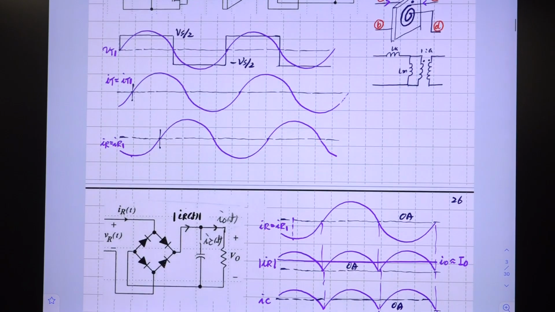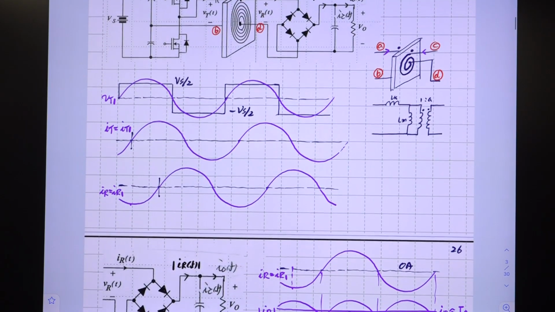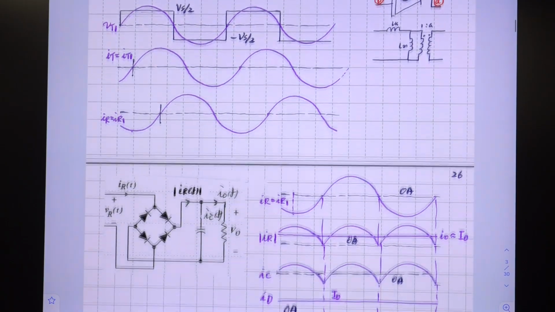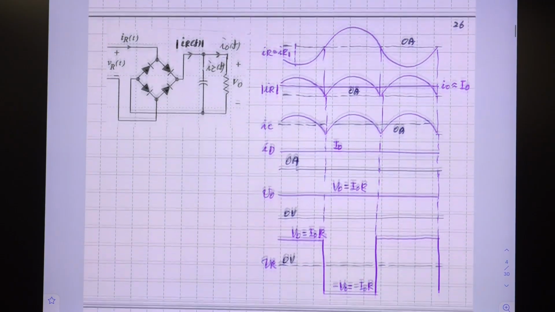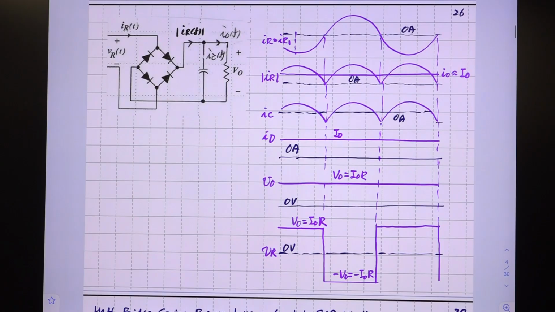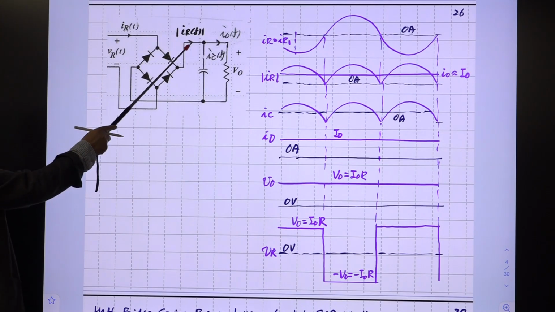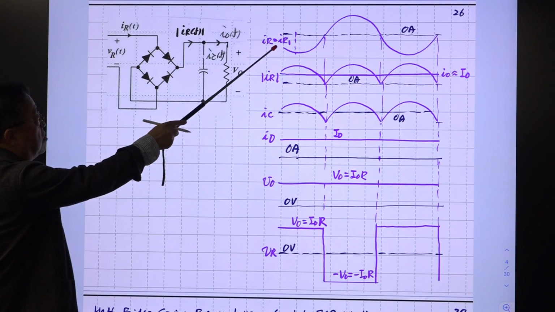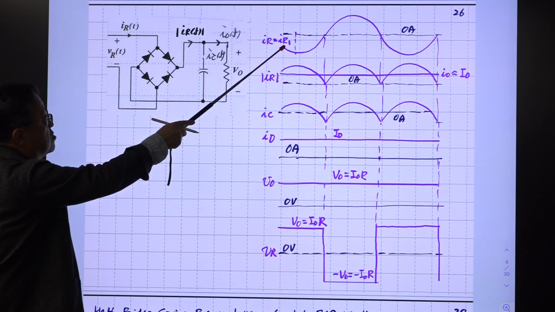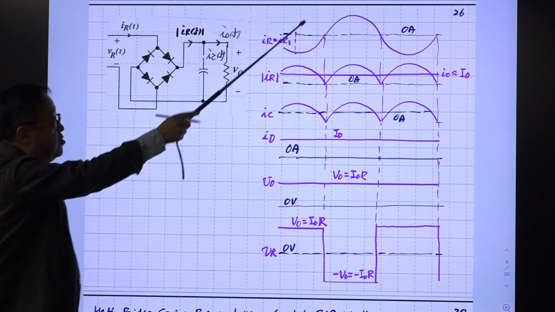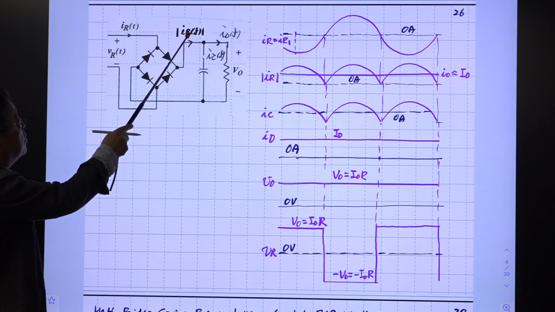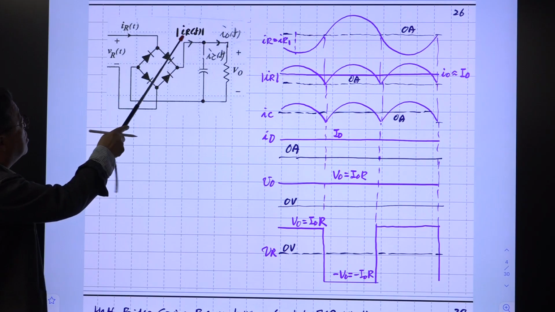This is the waveform seen at the primary side of these coupled windings, and this is the waveform seen at the secondary side of these coupled windings. So this is IR here, which is basically the fundamental component. Okay, so we assume this is purely sinusoidal, and this current is rectified.